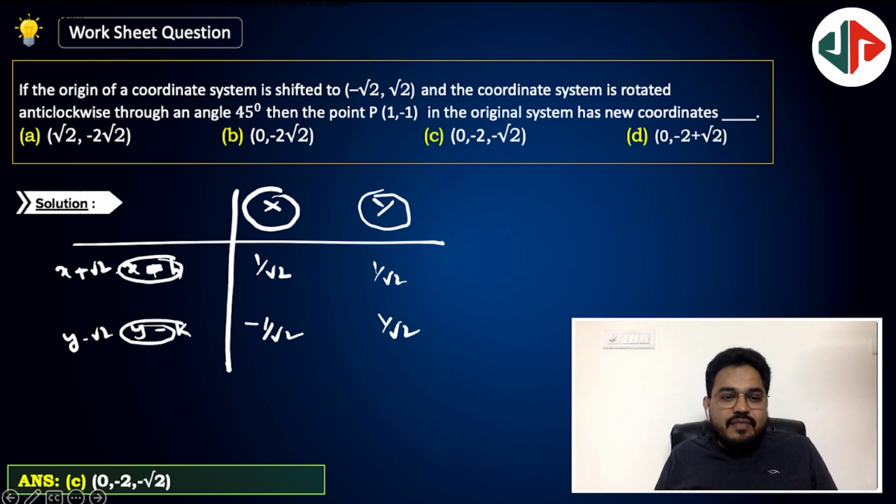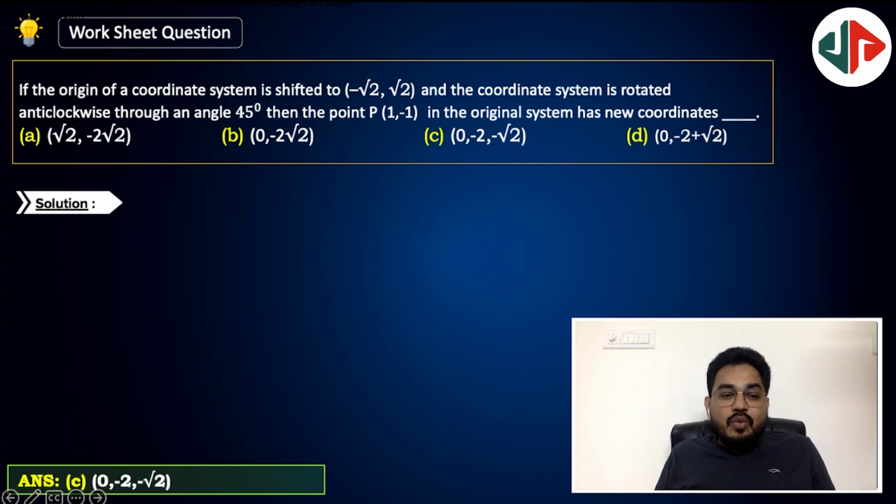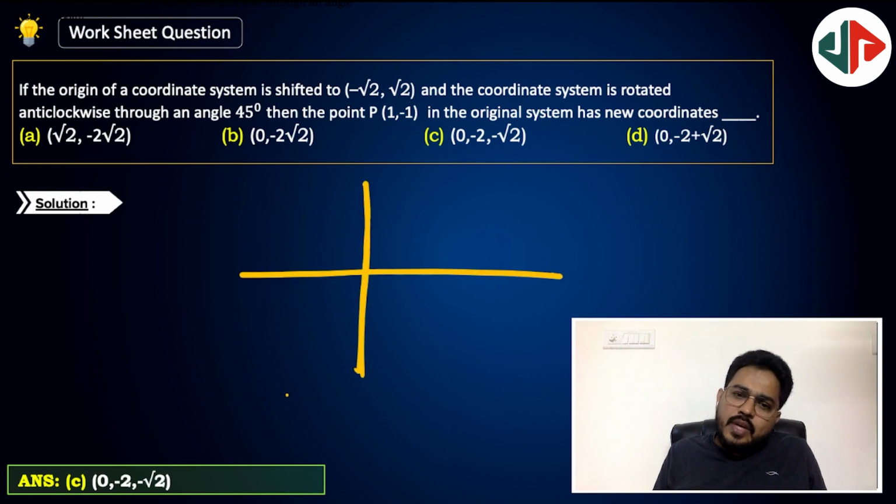But instead of all these things, listen carefully to what I am doing. So where is 1 comma minus 1? 1 comma minus 1 is here. What I'm doing is shifting the origin to the point minus root 2 comma root 2.